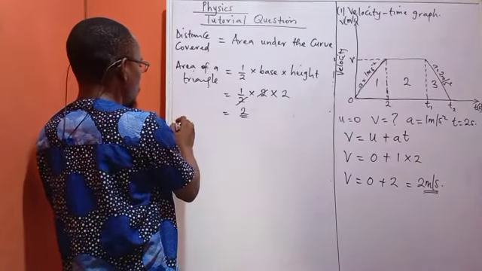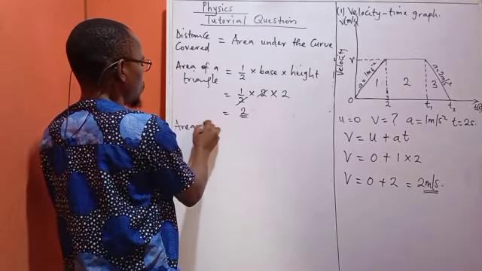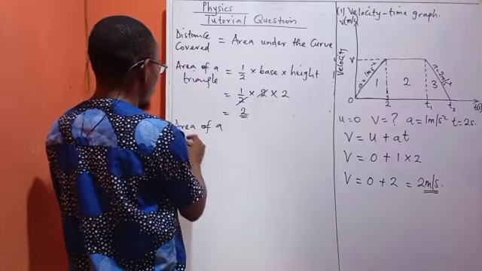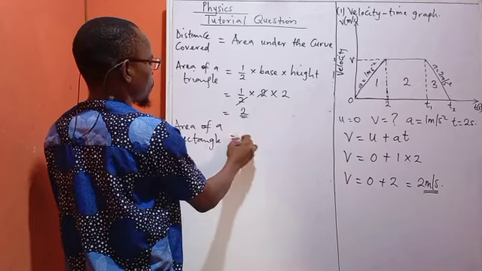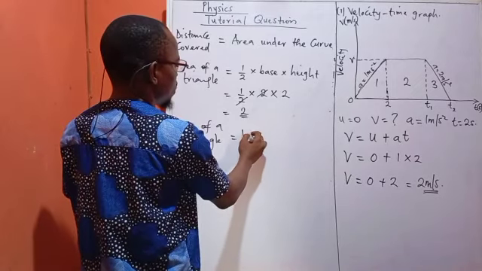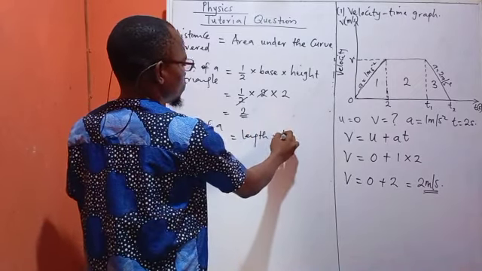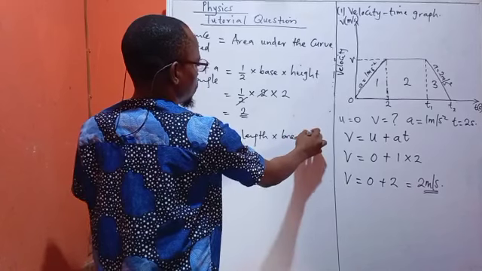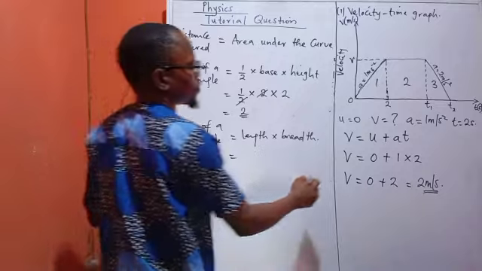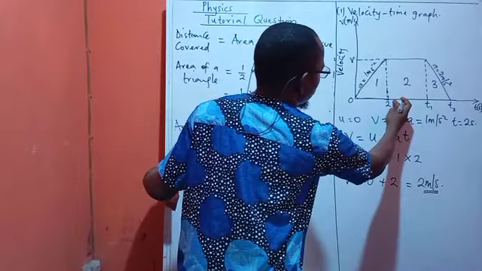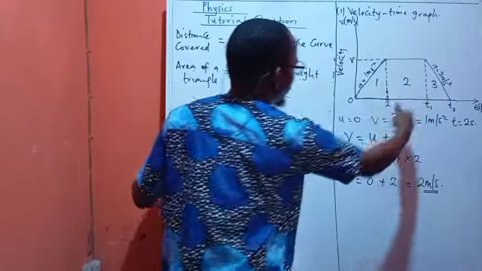Okay, now for the second one, the shape is a what? The shape is a rectangle. So area of a rectangle is what? Length times breadth. So what's our length? This is our length times breadth.